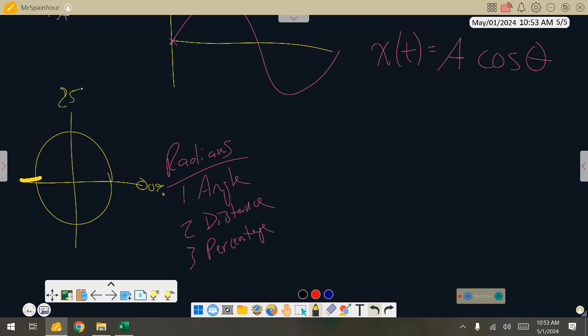That'd be 25%. And that, of course, is an angle of pi over 2, or 1.57 radians. You will need to understand both. Over here, 50% is going to have what angle? Pi. And this is 3 pi over 2, which will be associated with 75%. And 100% is associated with 2 pi.